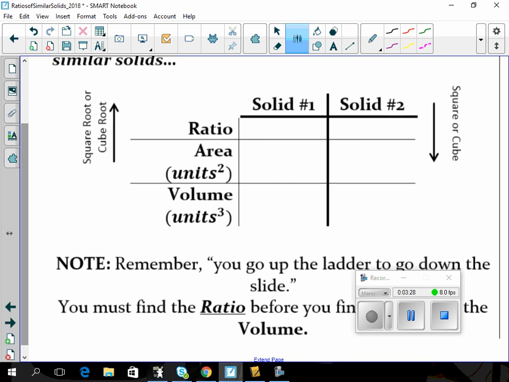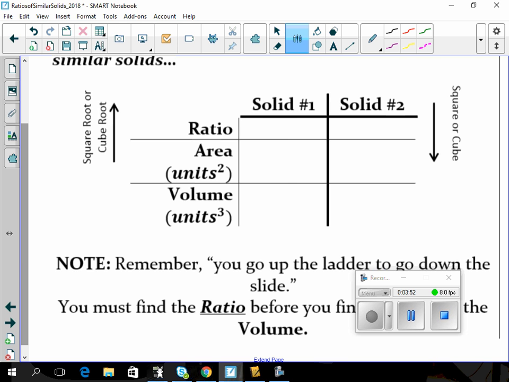We built cubes, right? Are all cubes similar? Yes, they are. What does similar mean again? If I take this one shape and multiply it by a scale factor, it just gets bigger. Same shape, different size. Would you agree? All cubes are similar.